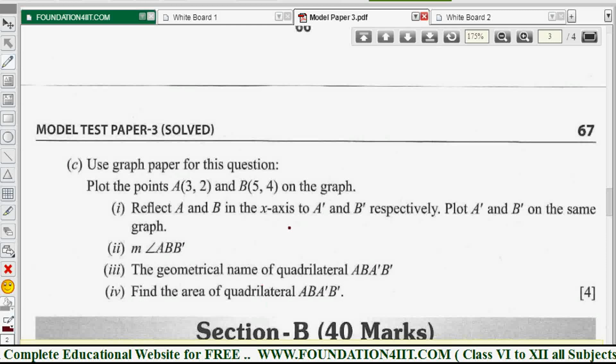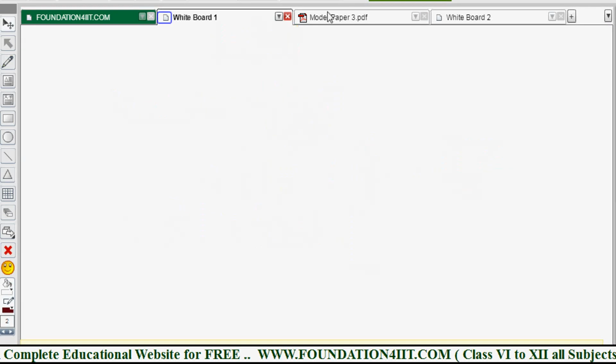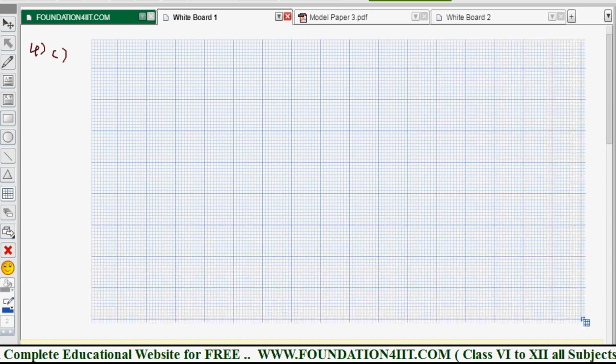Let's draw this on the graph paper. First we'll plot the points. Let me take the graph paper and solve. In the graph, we should take the x-axis and y-axis.